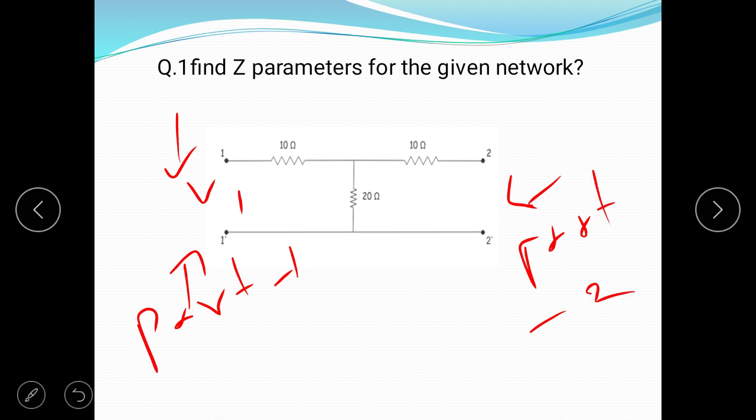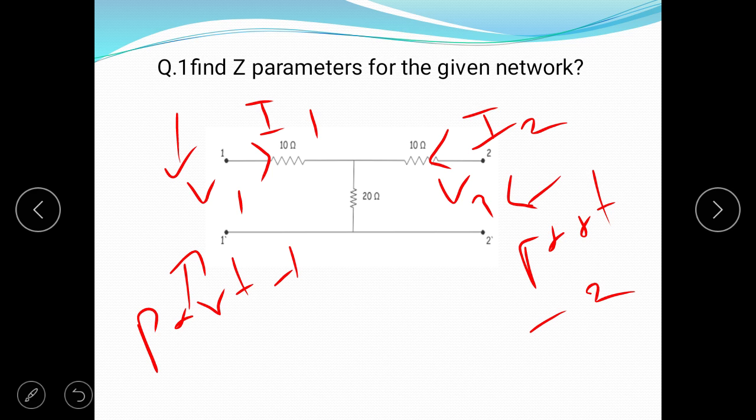Voltage is V1, current is I1. Similarly, at port 2, voltage is V2 and current is I2. And there are three resistances of 10, 10 and 20 ohm as shown in circuit.